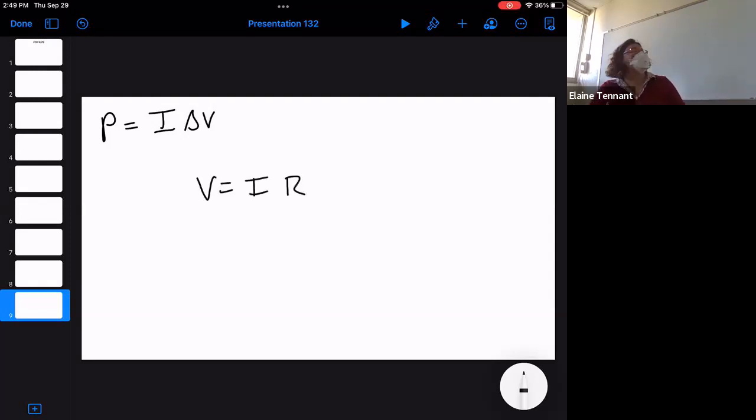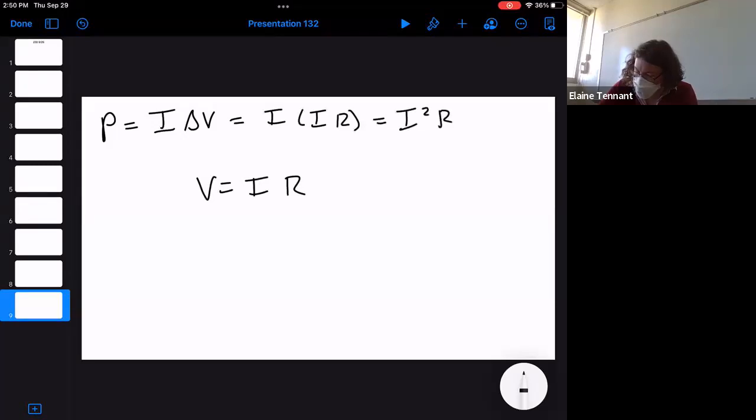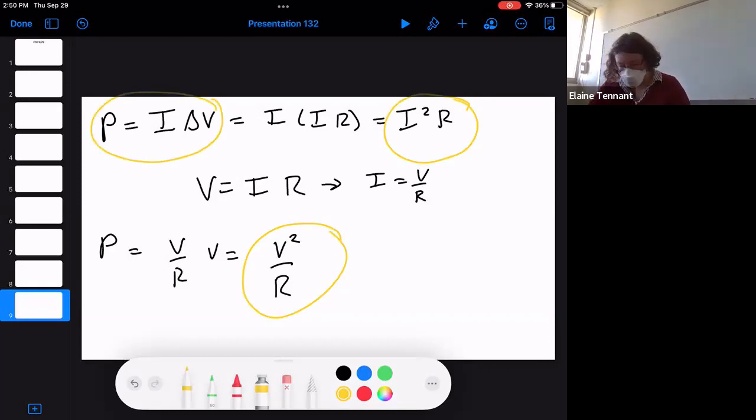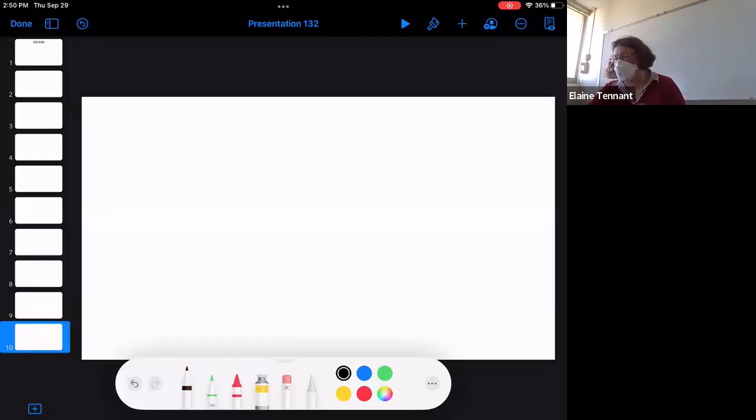Basically, by looking at Ohm's law, where if V equals IR, then you could write this as current times resistance, so I squared R. You could also say, if V equals IR, I equals V over R. And so this is V over R times V, and so you have V squared over R. Okay, so we have these three equations for power: V squared over R, I squared times R, and IV. Generally, you use the one that makes sense for the problem.